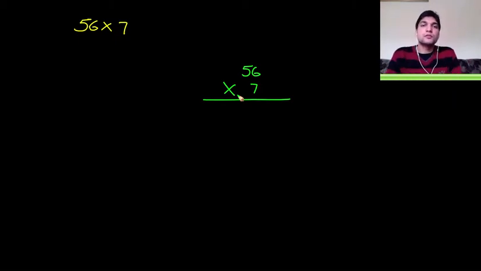But to show multiplication here, this cross sign is widely accepted, okay? And then what I'm going to do now is multiply this 7 with this 6 and this 7 with this 5 separately. Feel as if it is two multiplications.